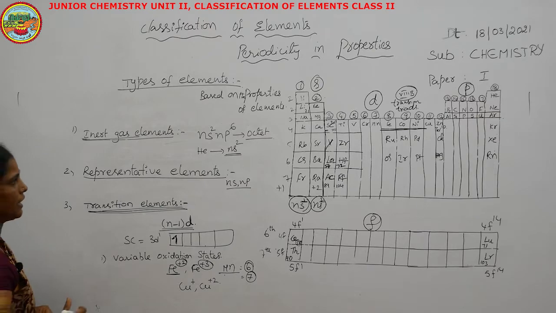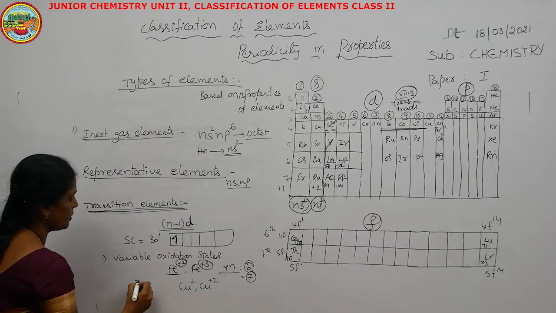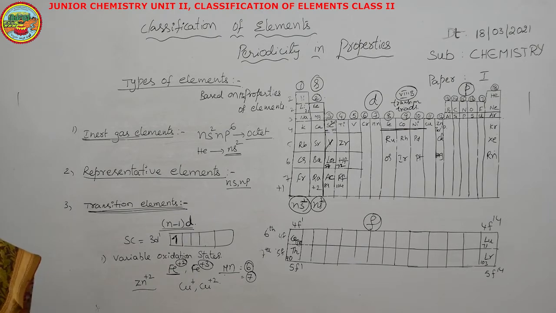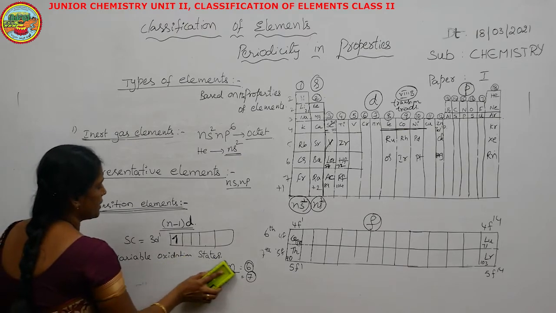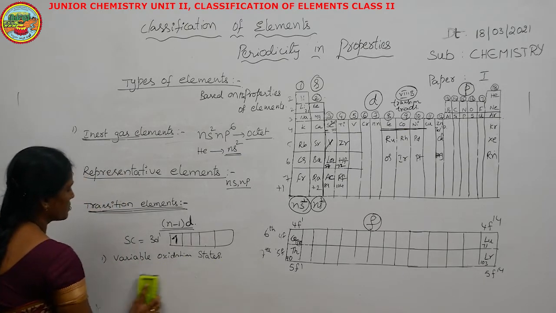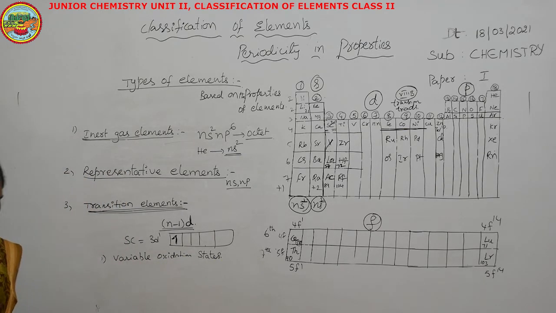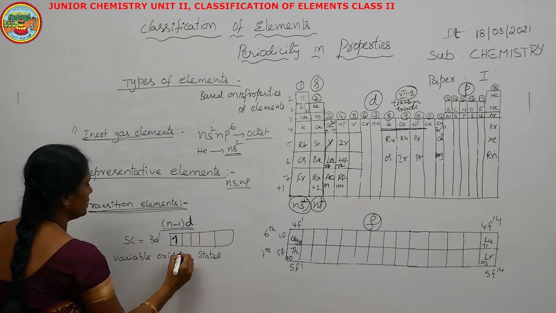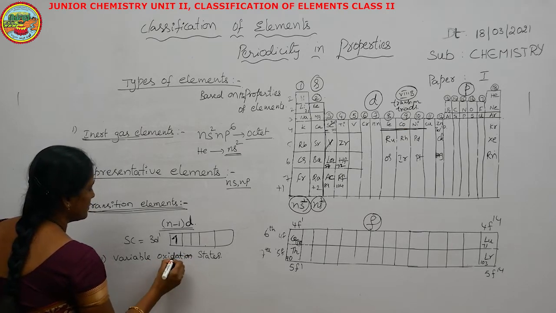But zinc, cadmium, mercury exhibit only one oxidation state. Zinc means +2, that is the only oxidation state. So the transition elements exhibit more than one oxidation state. That is the special property of these elements.